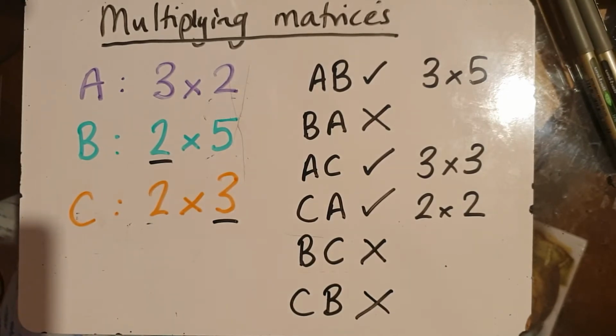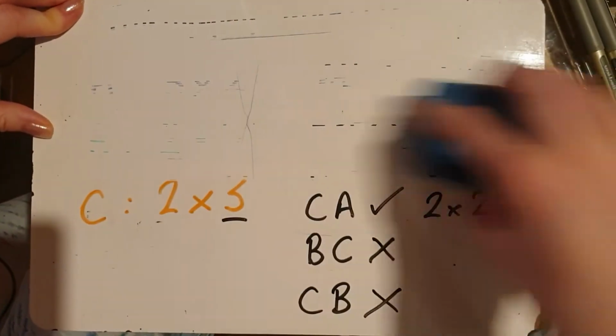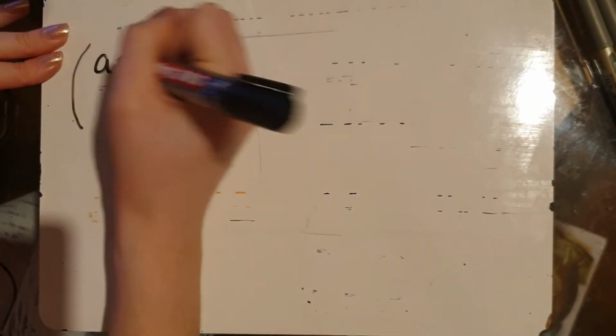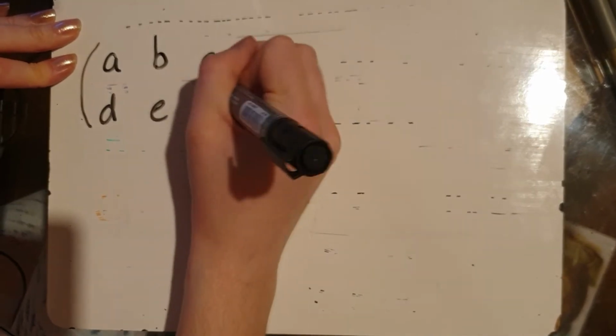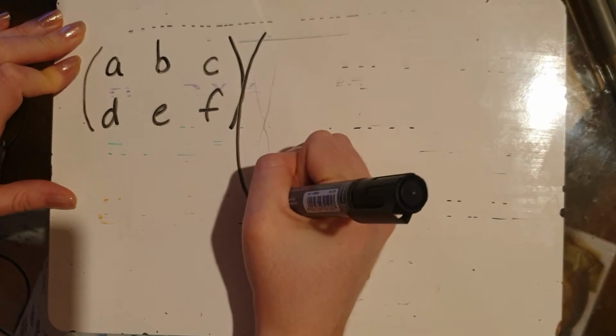Right, I'm going to show you a generic matrix multiplication, and then I'm going to do a specific example. So let's take a 2 by 3 matrix, and a 3 by 2 matrix.